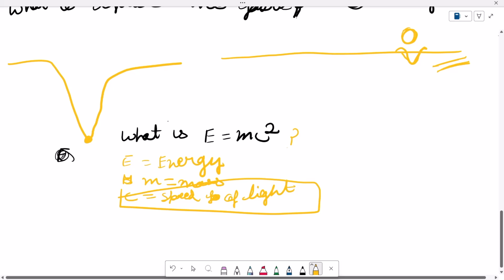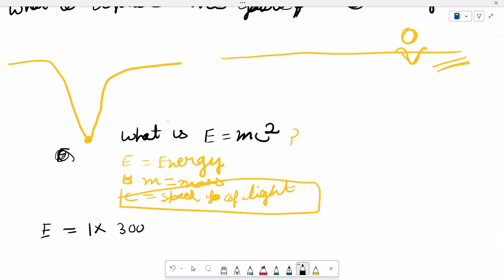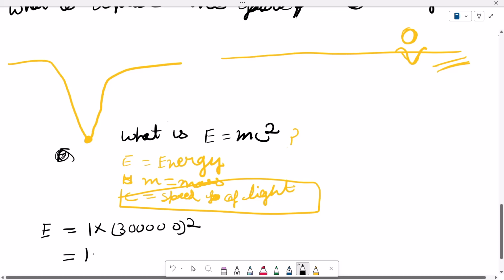Let me give you an example. How much energy will be possessed by an object which has a mass of 1 kg? So let's solve this formula. Mass is 1 kg and c squared means 3 lakh squared.